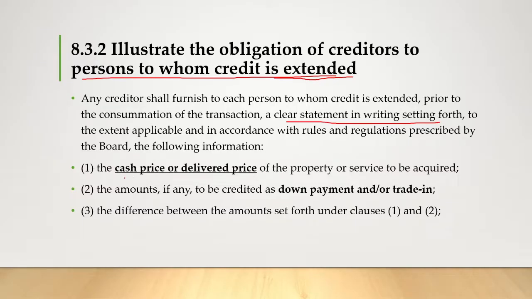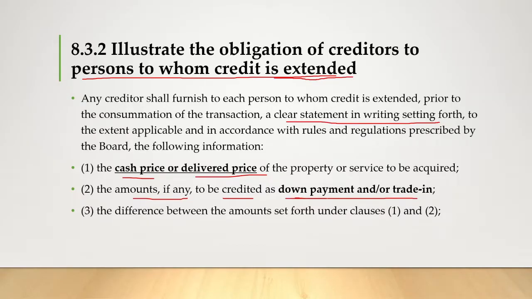Kasi pwedeng bumili ka ng, for example, motor na hulugan, yung motorcycle na hulugan. So pwede kasing bilhin mo siya in cash or pwedeng installment eh. So there must be a clear statement in writing setting forth the cash price or delivered price. Okay? So the amounts if any to be credited as down payment or trade in. Okay? So this, in case of installment payments, yan.